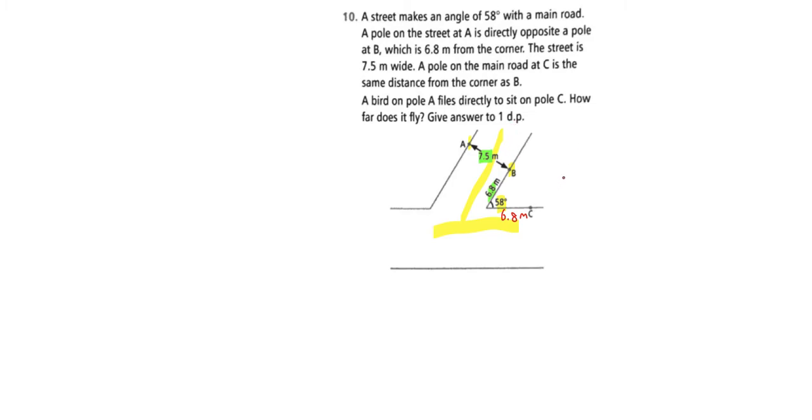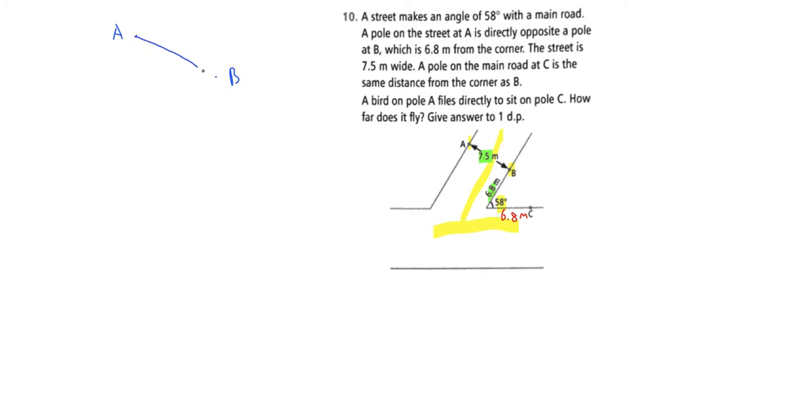Now, there's one assumption that we have to make: the height of poles A, B, C should be the same. Otherwise, there's no information provided, and so we can't really determine that. Now based on that, let's draw out a triangle. That's A over there, and that's B over there.